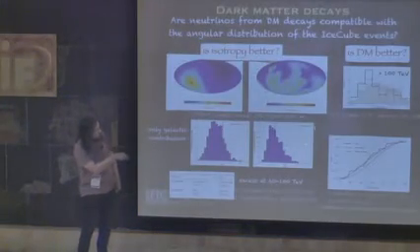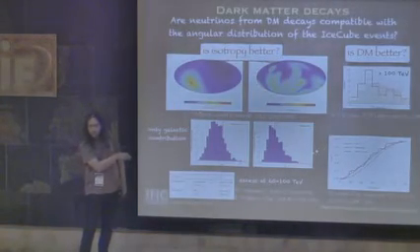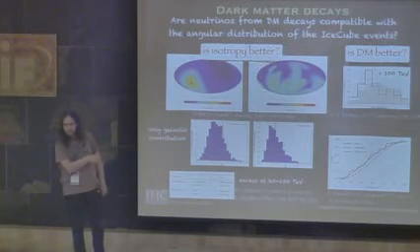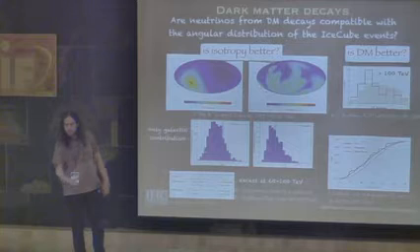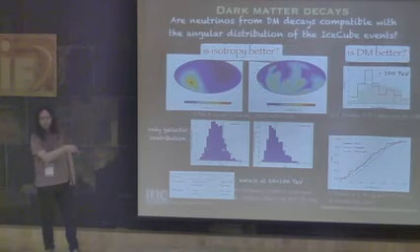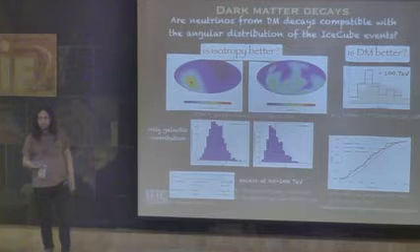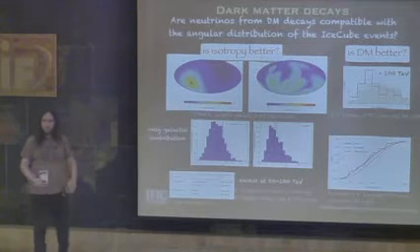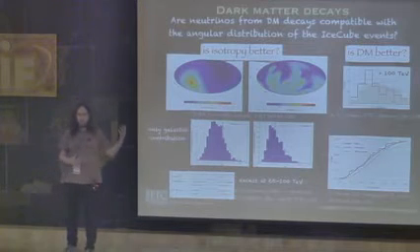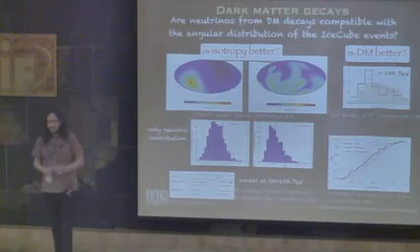This is the TS distribution in the case of an isotropic flux. I think the p-value for this is 18% and this is 40%. When you do the dark matter decay, it's essentially given by the dark matter distribution in the galaxy, because that is the dominant one. And if the dominant one was extragalactic, there would be no way to distinguish that.